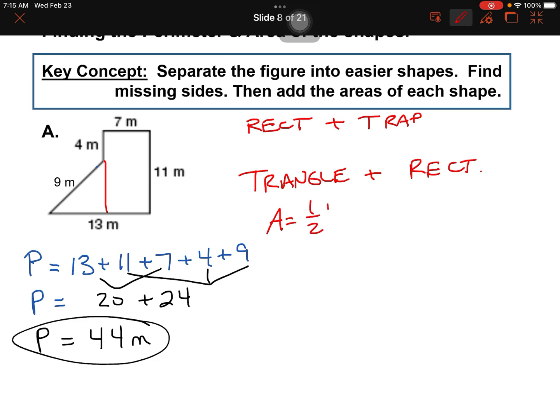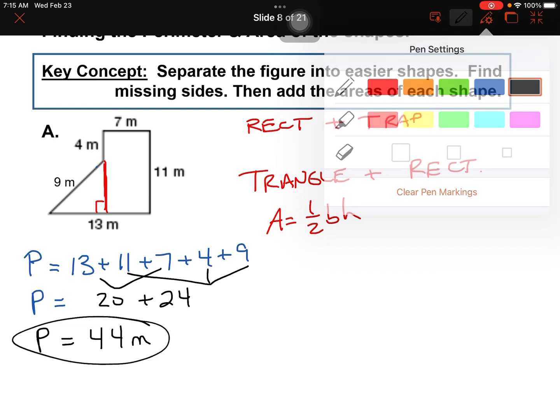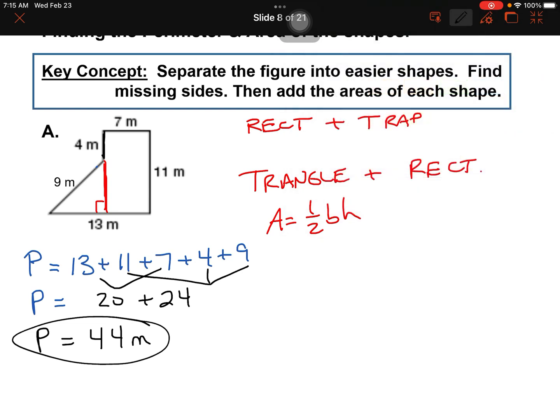Triangles are 1/2 base times height. As you're dealing with this triangle, we have a 90 here. This one is probably the harder way to do it, honestly, but I'm going to do it this way. If this distance is 4, and this distance is the same as the other distance, which is 11, then what you would do is 11 minus 4 is 7.